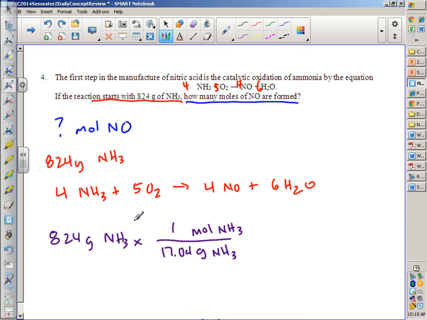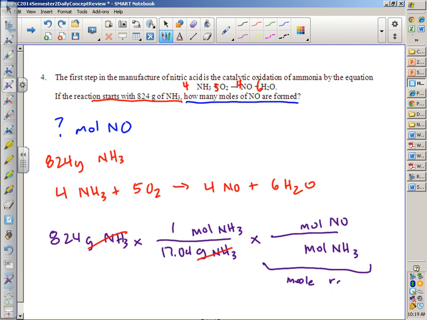Okay. And then, right, grams of NH3 cancel, okay? And that leaves us with moles of NH3. But we don't want moles of NH3, right? That's not what the question asked us for. So times sign fraction bar. Moles of NH3 is going to go on the bottom here because we've got to cancel that, right? And then moles of NO goes on the top, right? Because this is mole to mole, right? This one becomes our mole ratio.